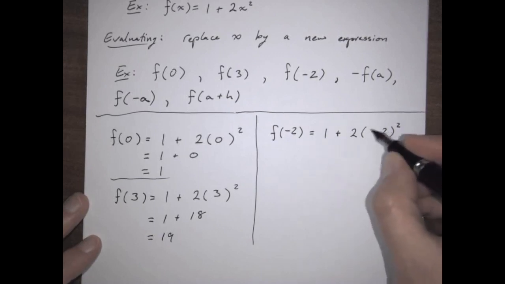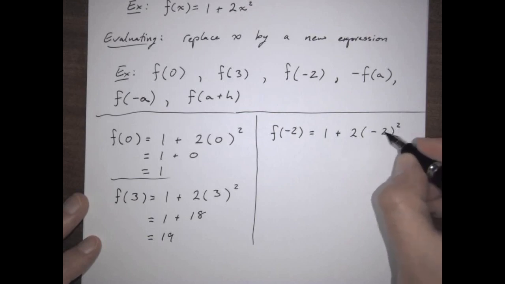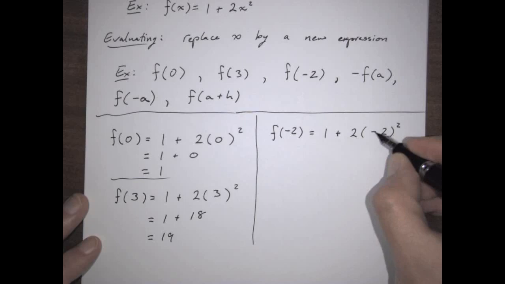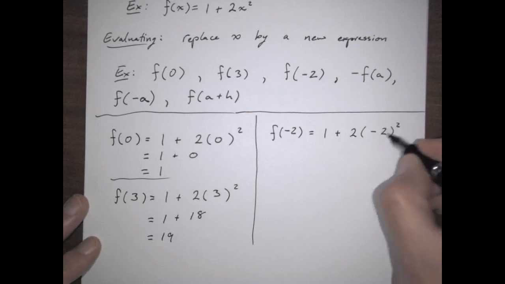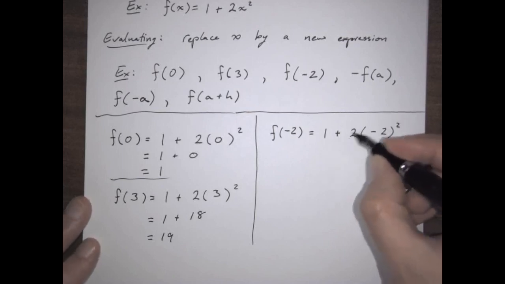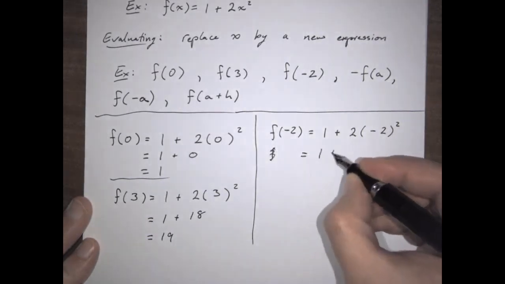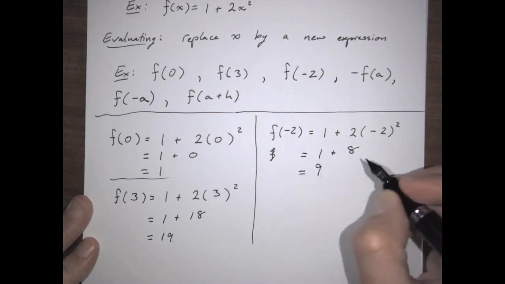So negative 2 is what's getting squared here. But negative 2 all squared is going to be positive 4, because it's negative 2 times itself. Negative, negative, positive. So it's going to make positive 4 times 2, which is positive 8, plus 1. So 1 plus positive 8 for a total of 9.